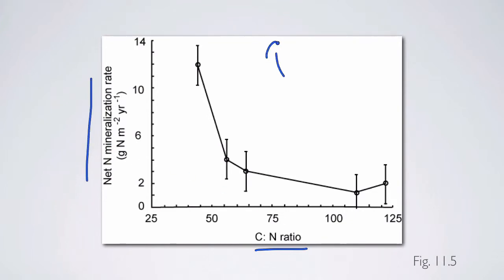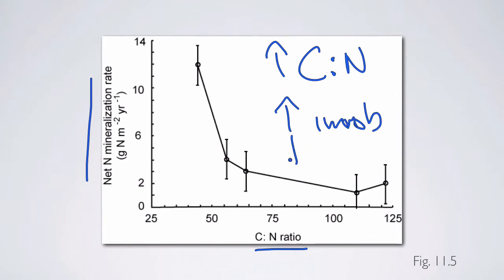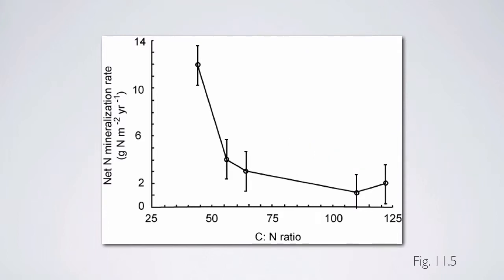And we talked about how having a high C to N ratio is going to increase microbial immobilization, and that's going to decrease net nitrogen mineralization. So this was a classic example of differences in species traits generating differences in mineralization rates, showing that species can differ in their effects on the ecosystem process.